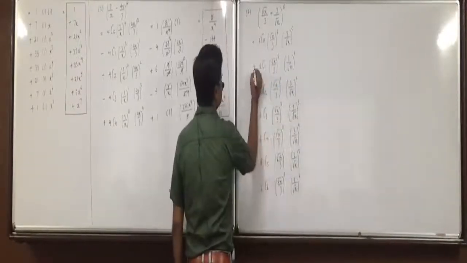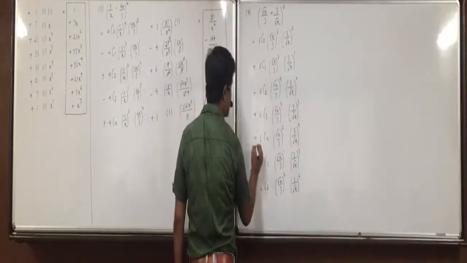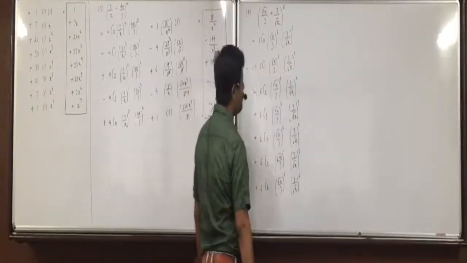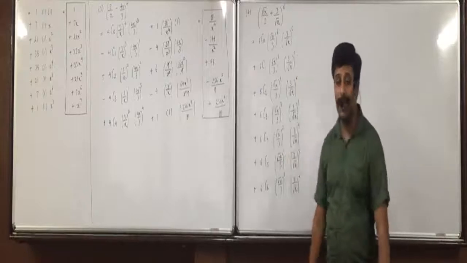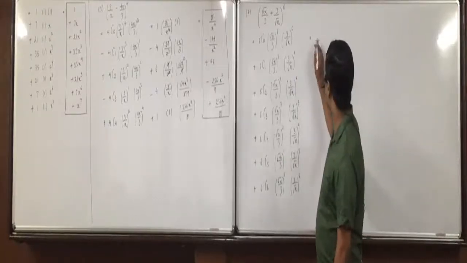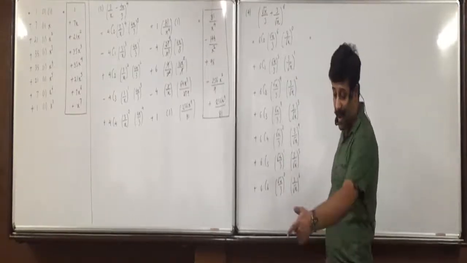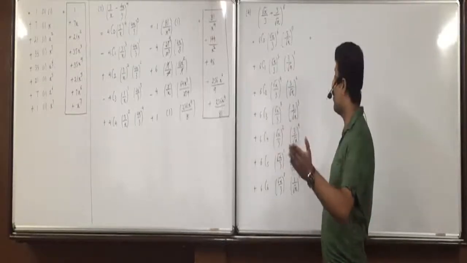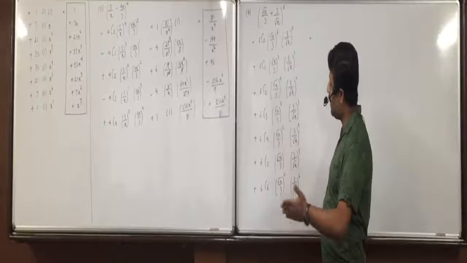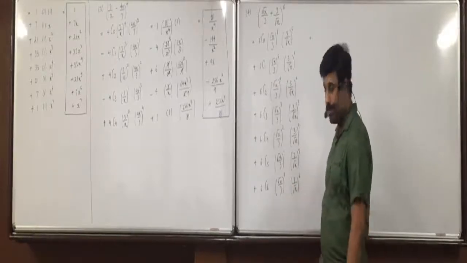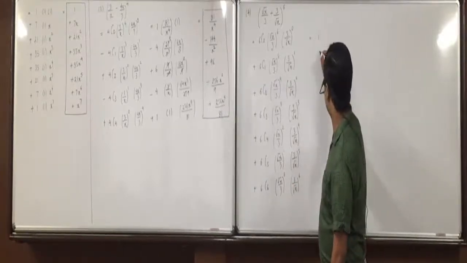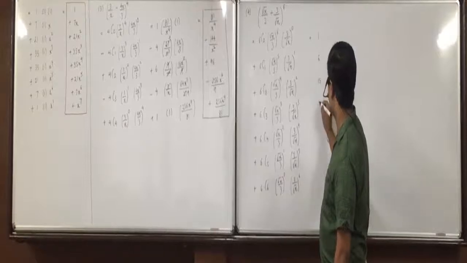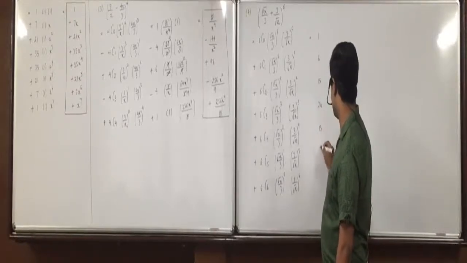Sign is plus, so everywhere plus. All are clear up till here? Now I have erased it, but you have the coefficients. So is it 1, 6, 15, 20, 15, 6, 1?